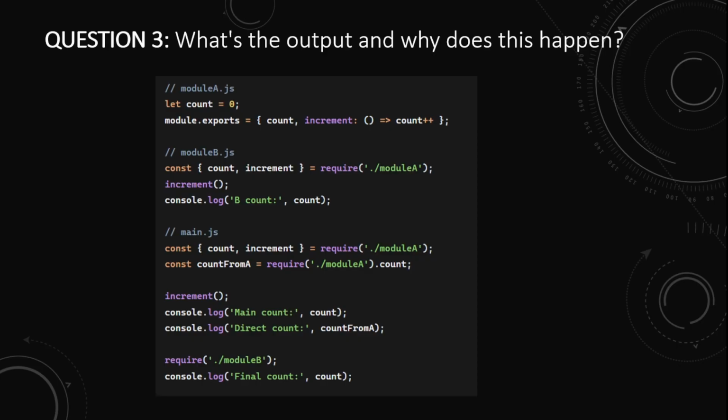So to figure it out, try to understand that the count variable which is getting imported in module b.js or main.js is part of the module a.js scope. And whenever any module is imported in Node.js code bases, Node.js executes that file only once and it gets cached after that.